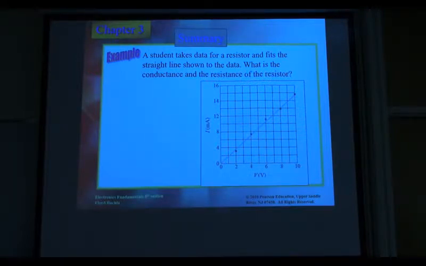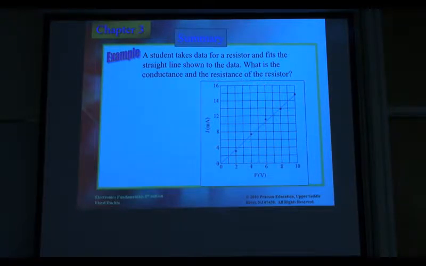So we are going to use this fitted line to calculate the resistance and the conductance. So we assume this line is correct. So how to measure this resistance? Ohm's law tells us the resistance equals the voltage divided by the current.